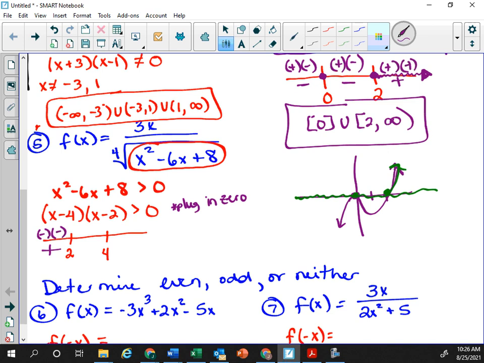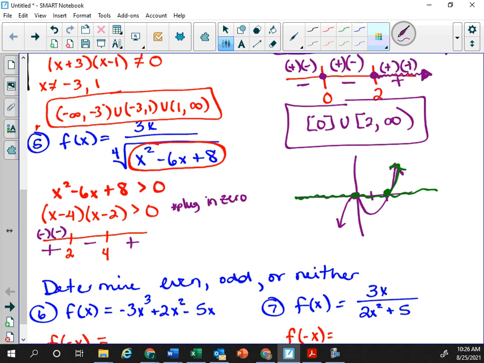Let's talk about multiplicity again. Do either of my factors have multiplicity, like the x minus 4 and the x minus 2? No multiplicity, right? If there's no multiplicity, your number line will alternate. Okay, so once I know this region's positive, I can go, all right, you're negative, you're positive.